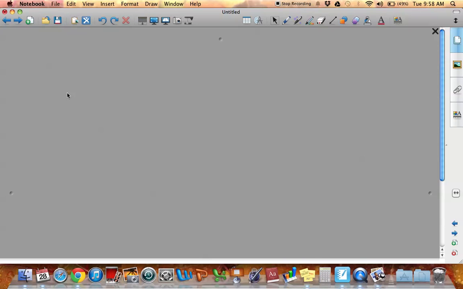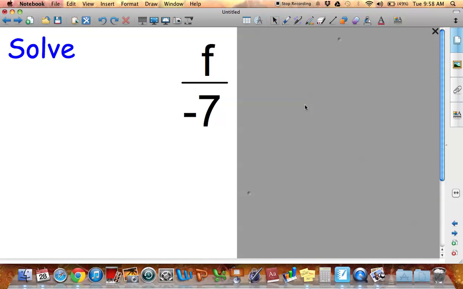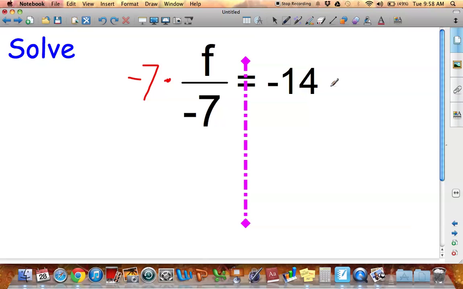I'm going to cover up the right side of this equation because I think that might help us. What's actually happening between the f and the negative 7 is they're being divided. So to solve, we need to use the inverse operation and multiply by negative 7 on both sides. So when I do that, I'm going to multiply over here, and I have to multiply over on the right side.